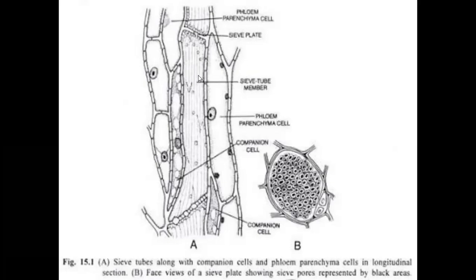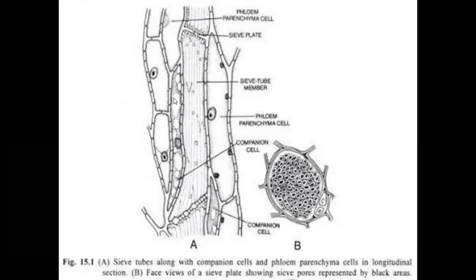Outside of these sieve tubes, companion cells are present. The companion cells are living cells containing protoplast with cytoplasm. Protoplast means they contain a nucleus. They mainly help in the translocation of organic solutes through the sieve tubes.